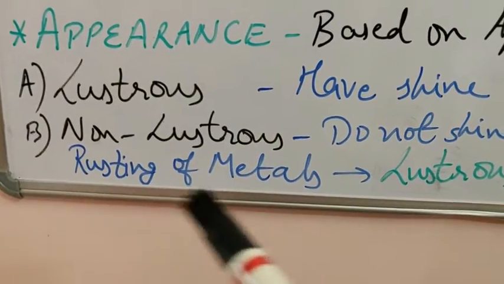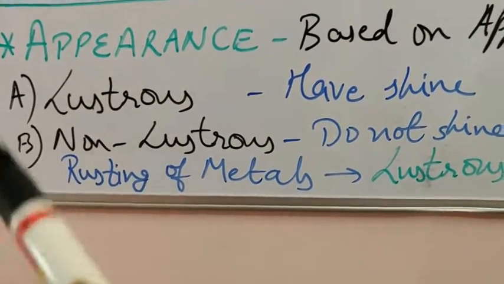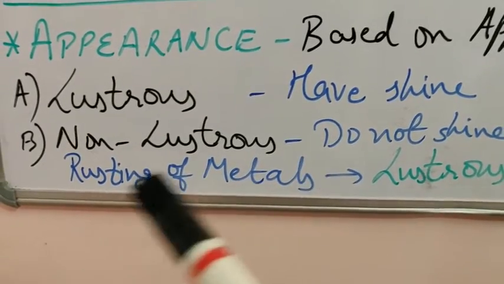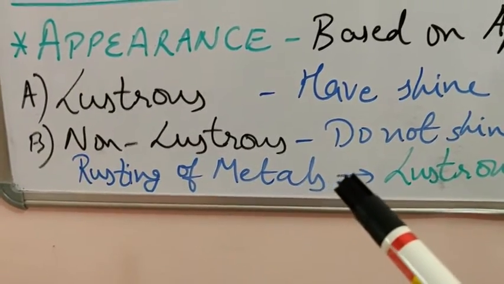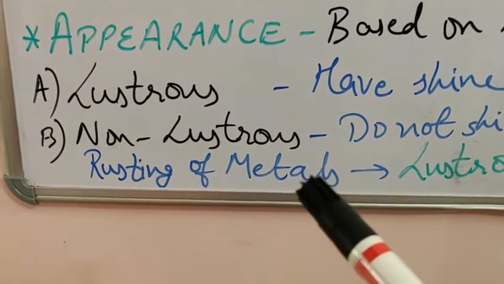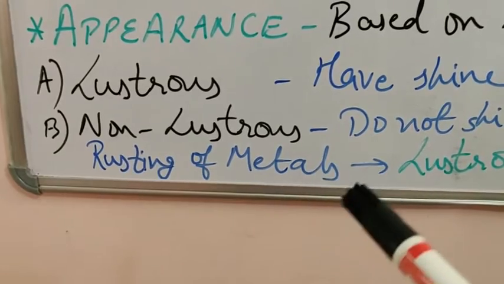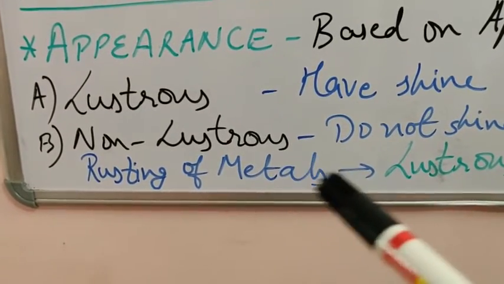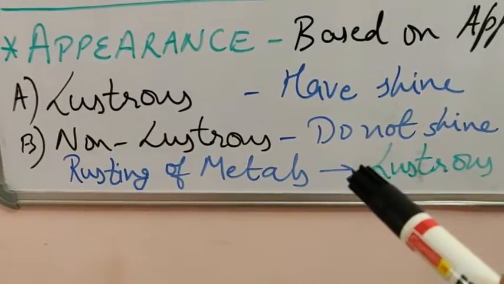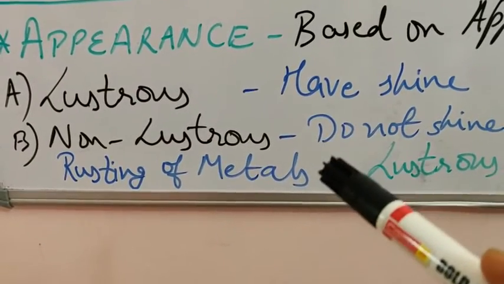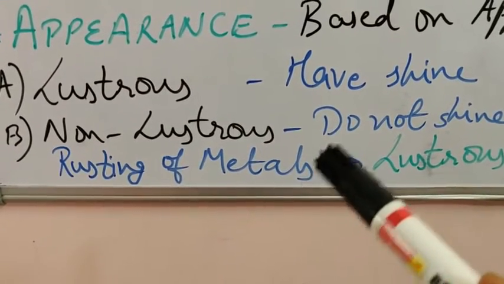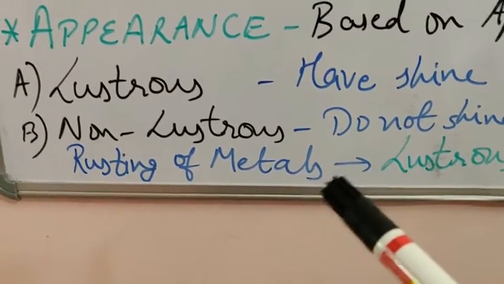And rusting of the metals can be reduced by using certain steps, like some sprays available in the market which can be used on these metals to reduce their rusting or improve their luster. Then painting can be done on these metals, as shown in the PPT PDF, and galvanization, that is a coating of zinc, is done on the metals to improve their luster.